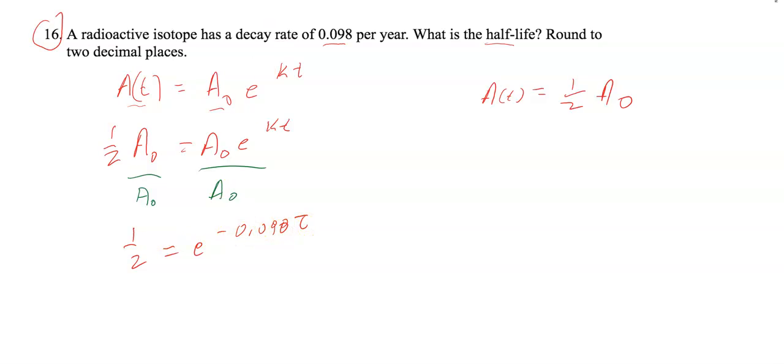And then what we can do to undo this e is take ln of both sides, and so we have ln of 1/2 is equal to negative 0.098 times t.